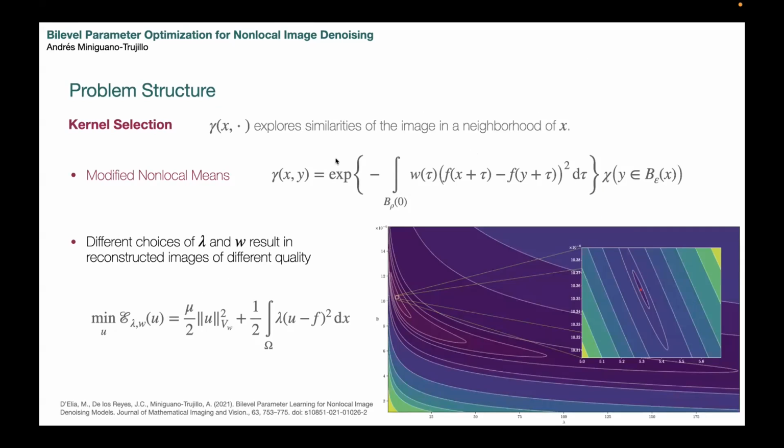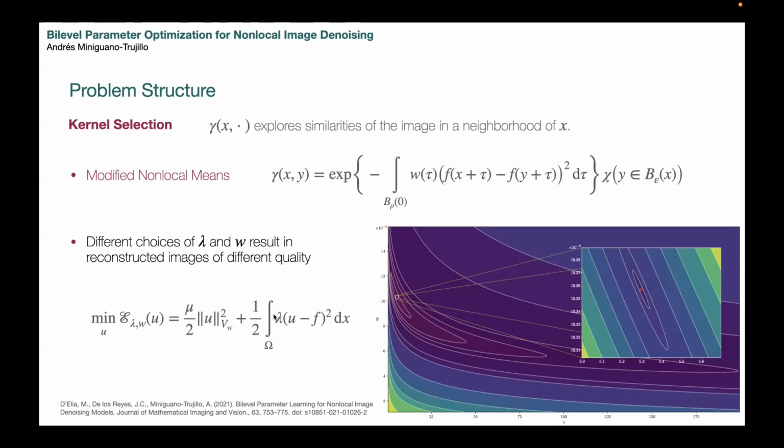Basically, a non-local means kernel is a dissimilarity measure between patches of the image, patches of pixels, that are weighted by some weight named W. If we put this kernel into a semi-norm structure, we can obtain a regularized image by solving a variational problem of this form, where lambda is going to be a kernel regularizer or a data fidelity term.